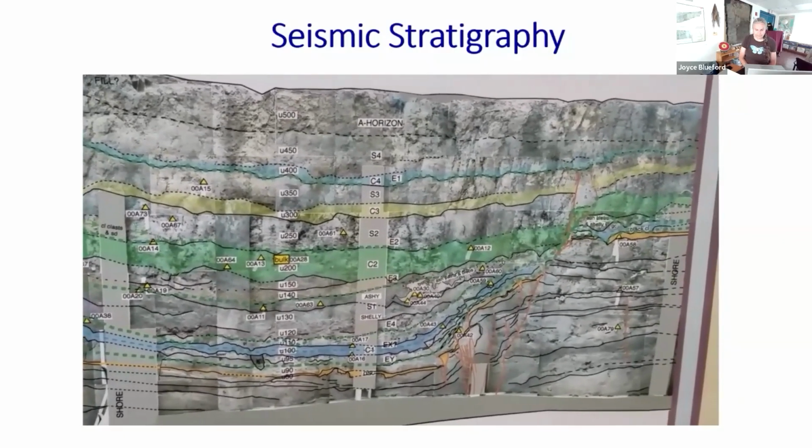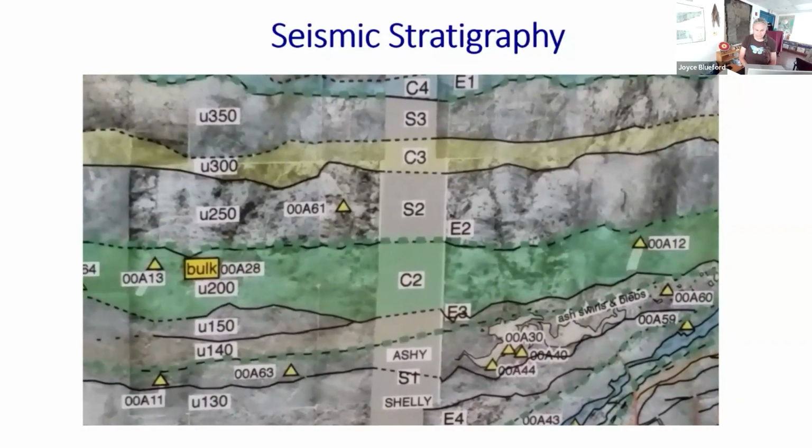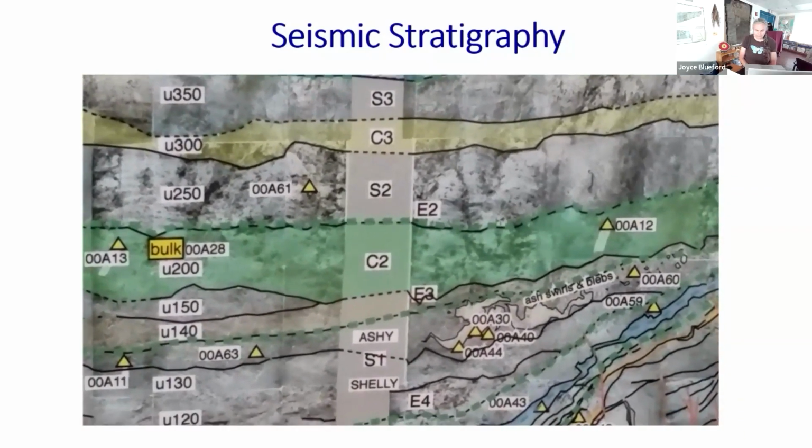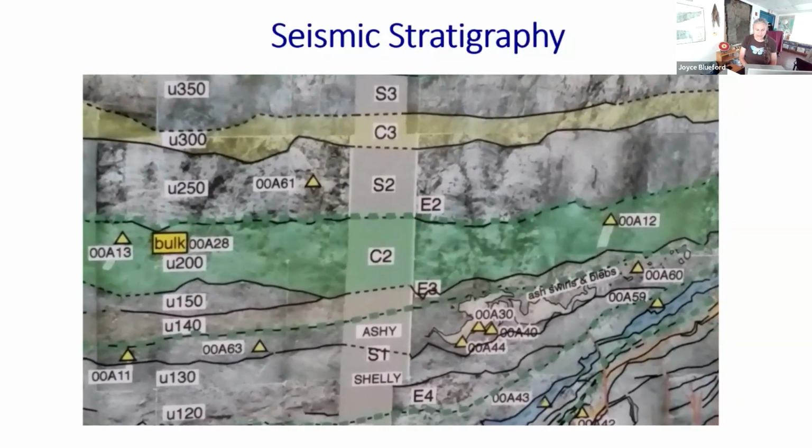Has there been no change through time? And this is how geologists and seismologists figure out how the Earth changes. Now, if you look there, it says ash swirls and blibs. This is one of the major findings that this trenching did. We were able to identify a 7.0 earthquake.